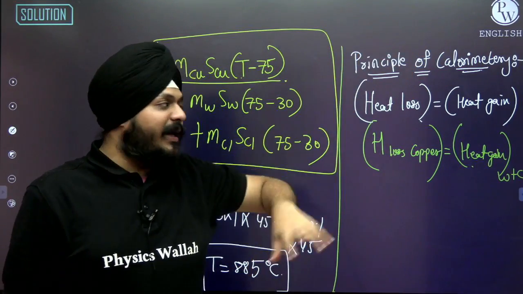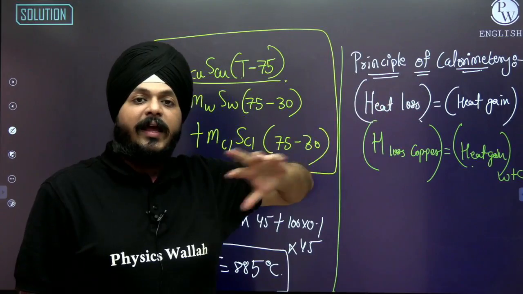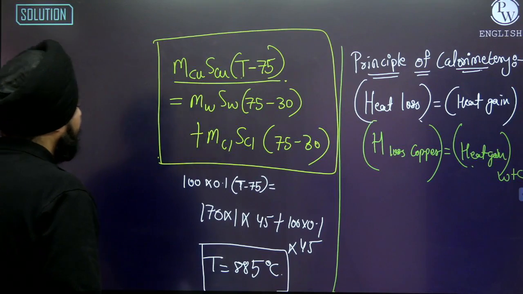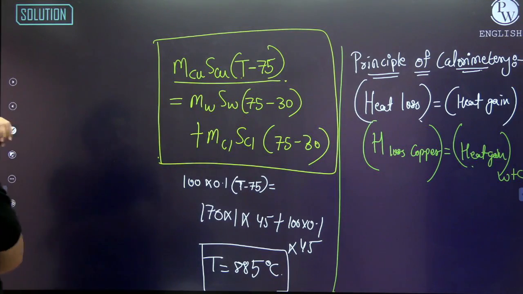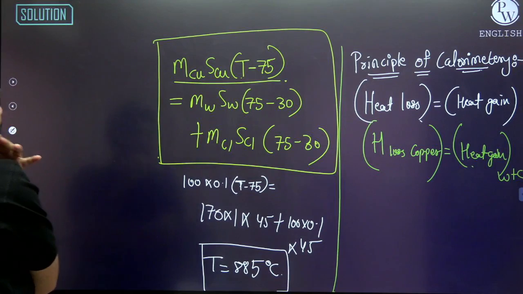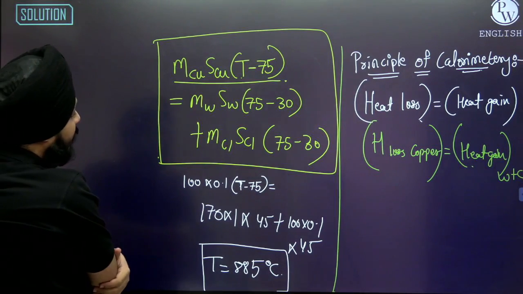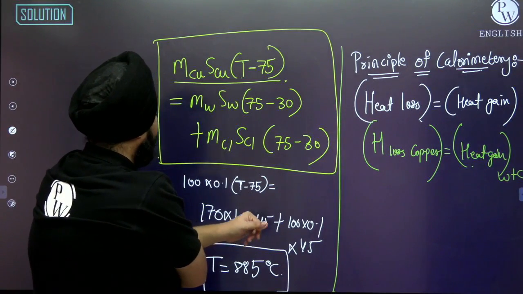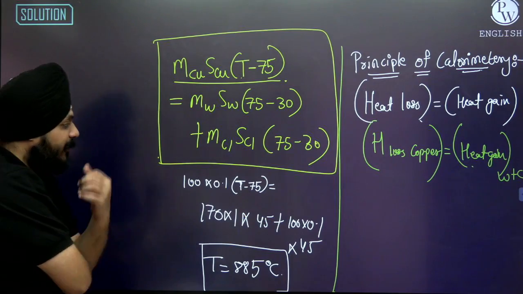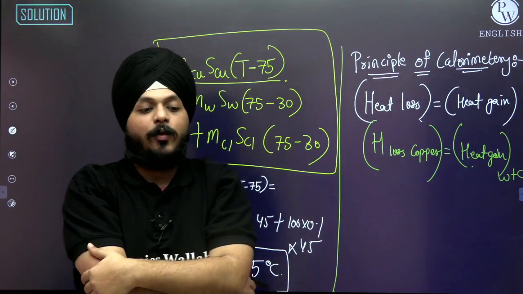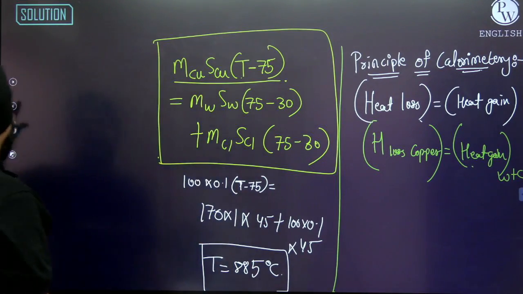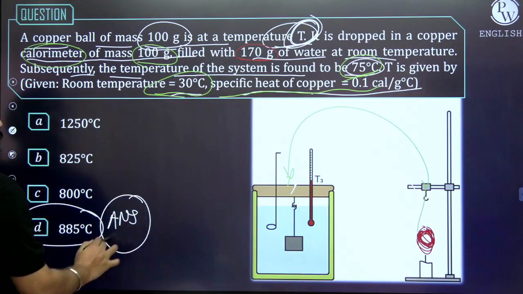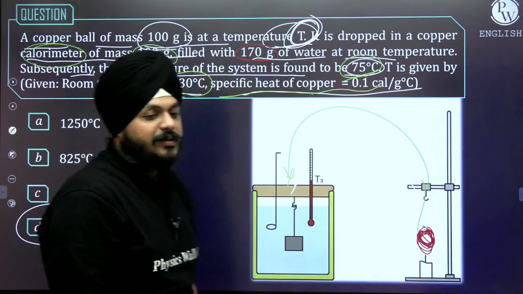When it was mixed completely with this much amount of water, it finally reached the equilibrium temperature. So the initial temperature of the copper is approximately 885, and D will be the perfect answer for this specific question.